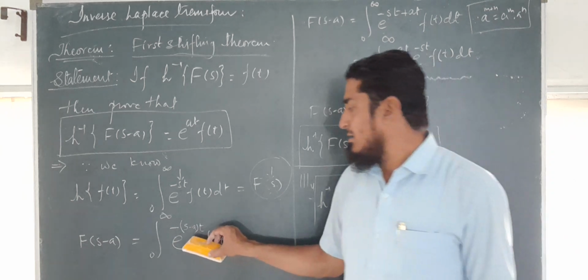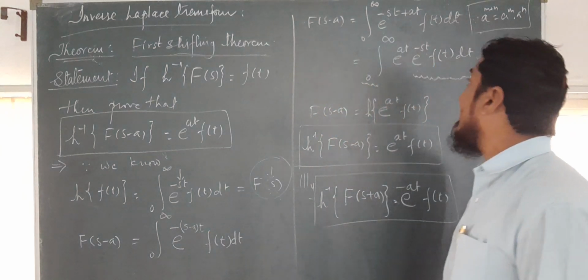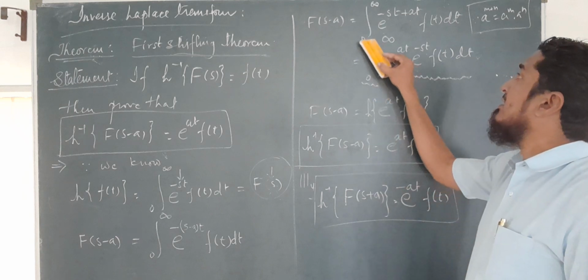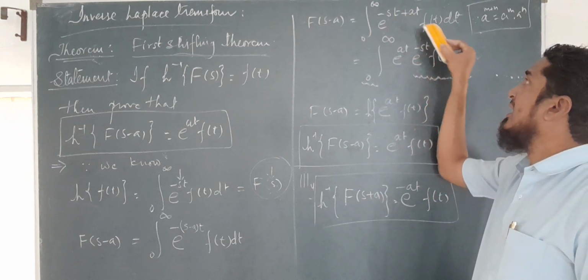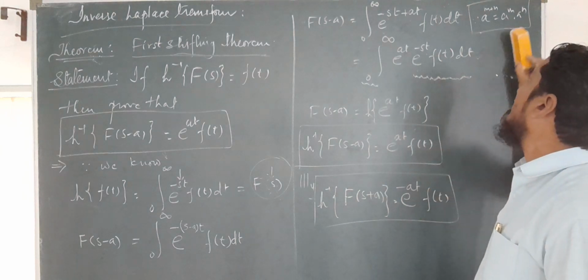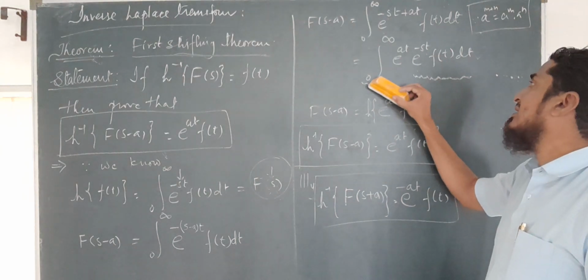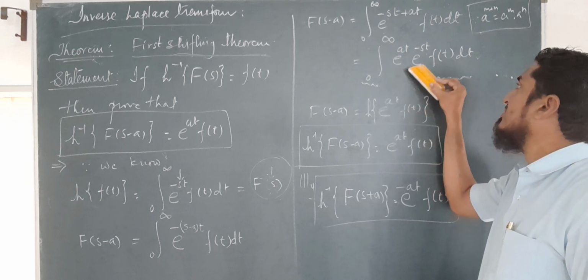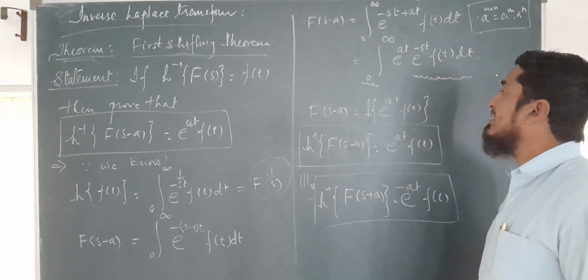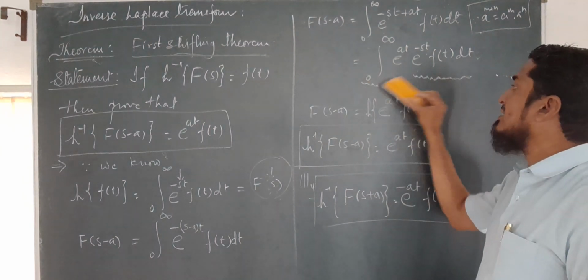After replacing s by s minus a, we will get integration from 0 to infinity e raised to minus st plus at f of t dt. By using the law of indices, we can write it as integration from 0 to infinity e raised to at into e raised to minus st f of t dt, and it is the definition of Laplace transform.